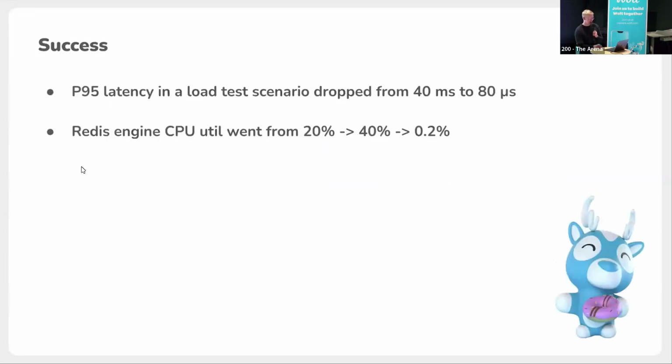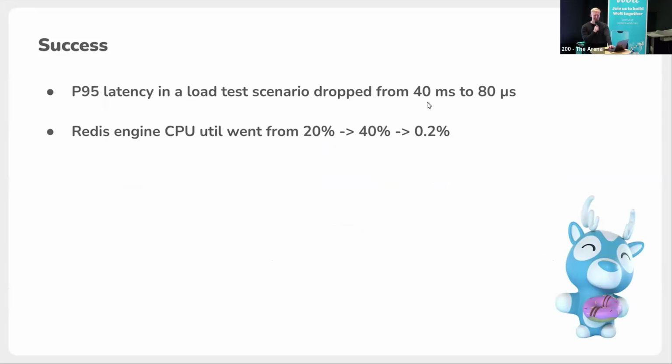And this slide, while we were developing this, we were running the same load test against the implementation repeatedly. So just some more numbers for you. With the original solution, our P95 was 40 milliseconds in this load test, which wasn't even too crazy.